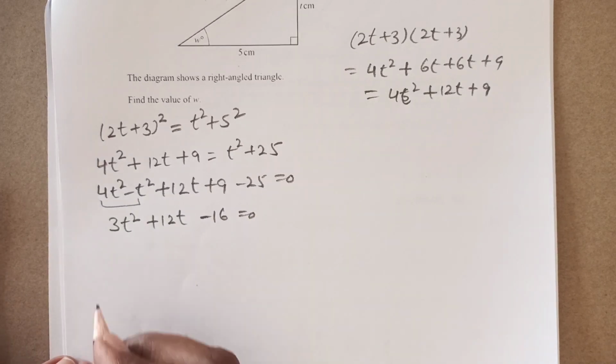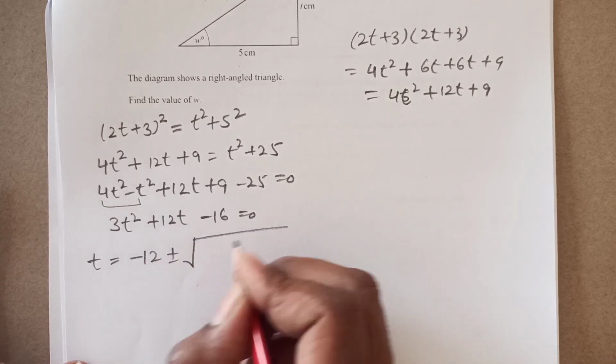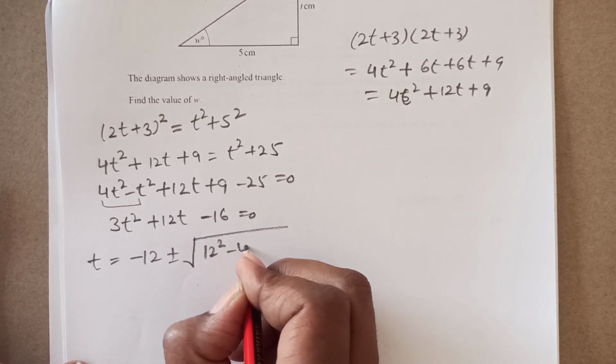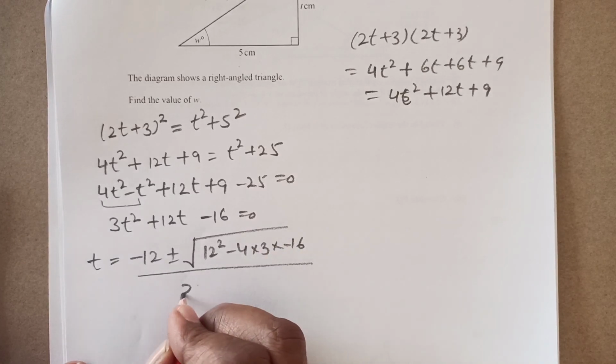So we can find out the value of t using the quadratic formula: minus b plus or minus the square root of b squared minus 4ac, over 2a.